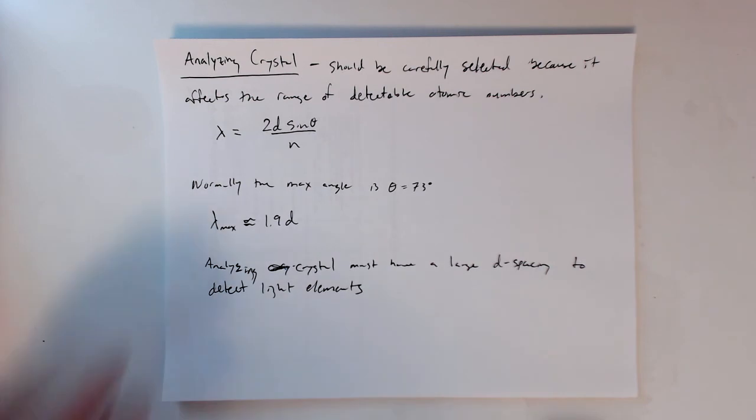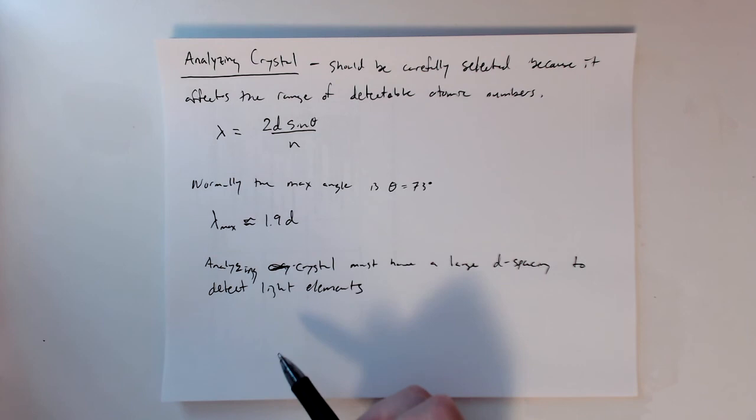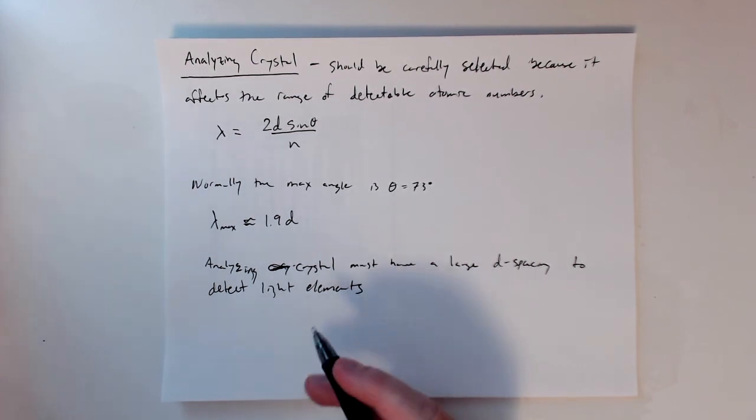We just saw that with our examination. Those layered structures were able to detect things less than 9.